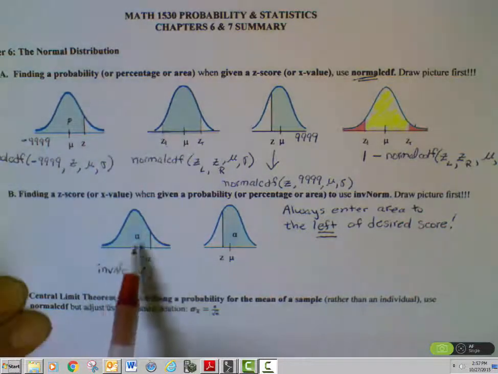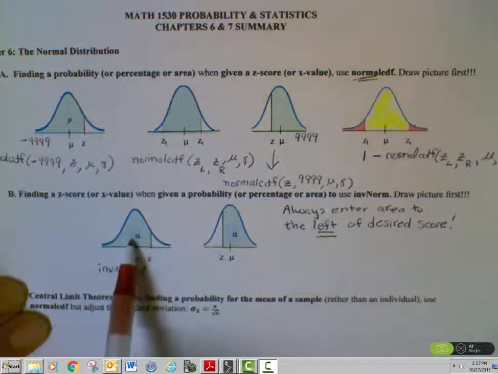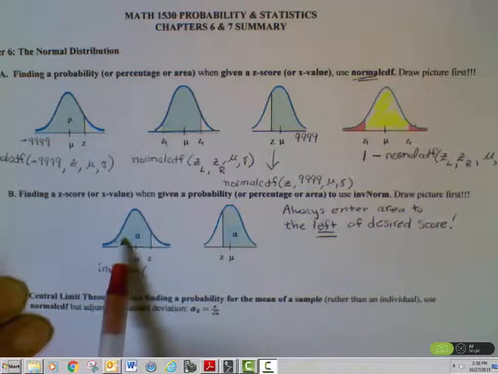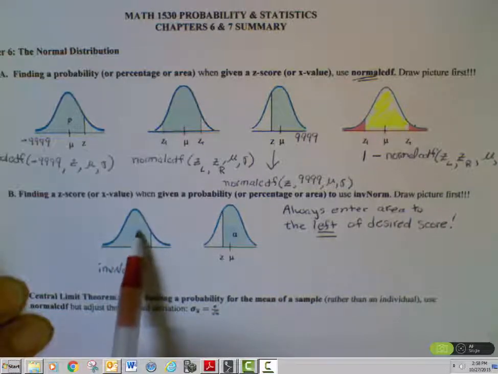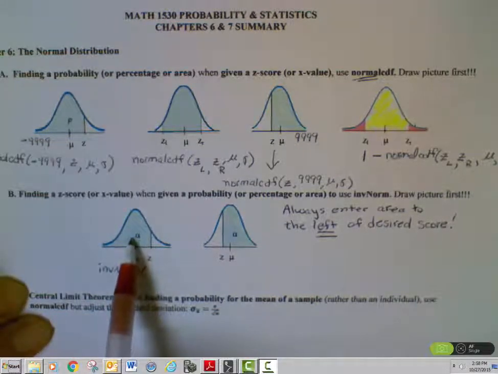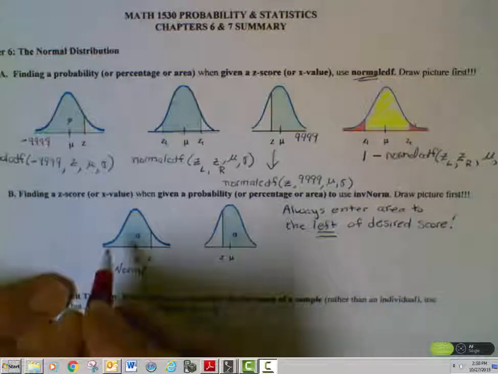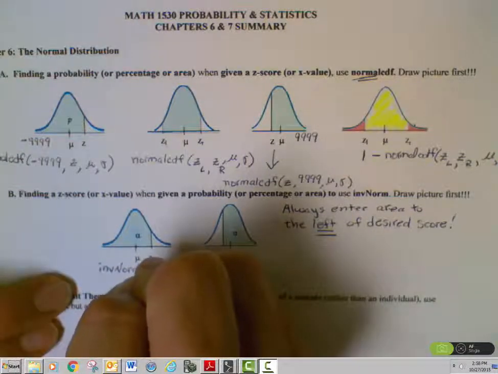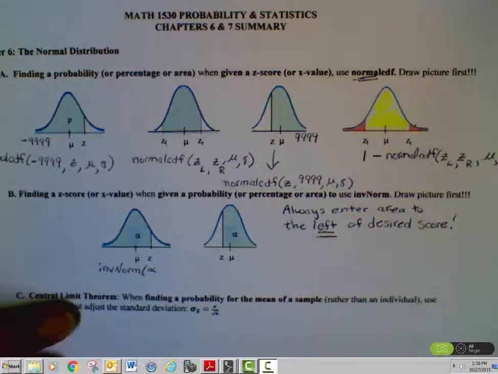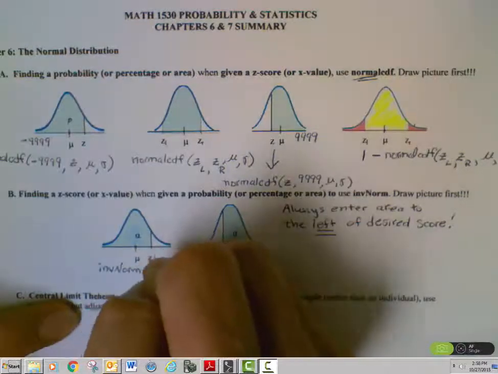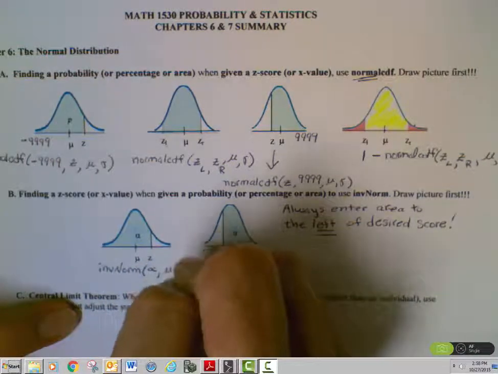So if I gave you some area to the left, again, I may say, the lightest 90% of the men. In that case, 90% or 0.9 would be the area to the left. That's what you would enter on the calculator. Whatever I give you for that area on the left, that's what you enter, and then the mean and the standard deviation.